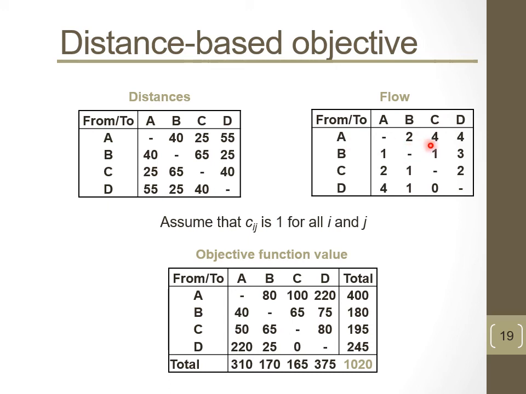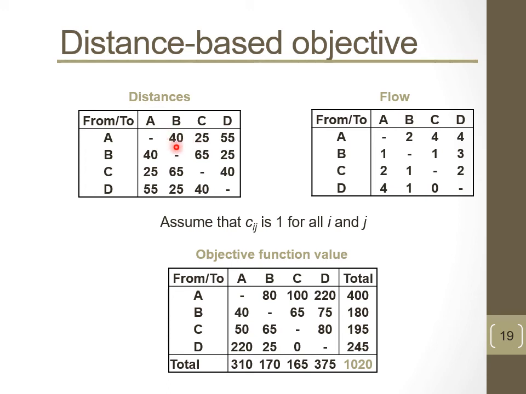From A to C, the flow is 4. This is given. And also, Cij, the cost of moving 1 unit load from department I to J, is given as 1 in this question. Then, how do we calculate the total distance-based score?